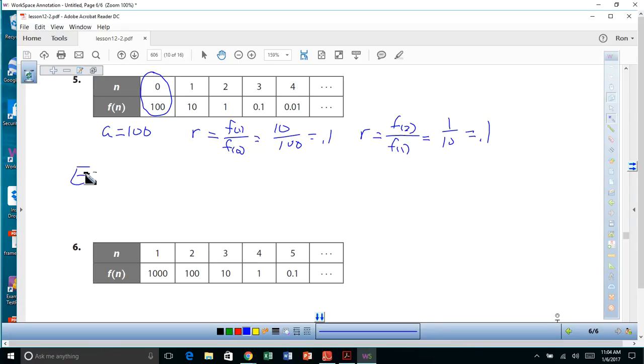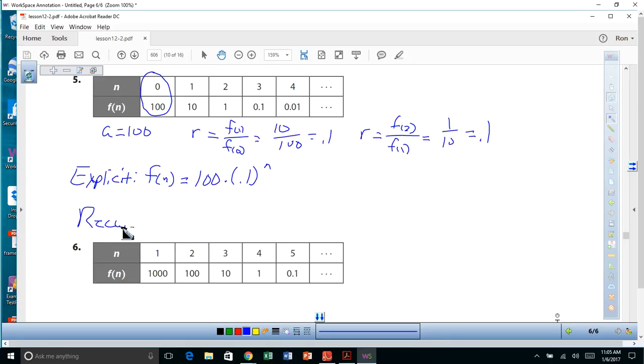Now we can just fill in the explicit rule. The explicit rule: f of n equals a, which is 100, times r, which is 0.1, to the nth power.